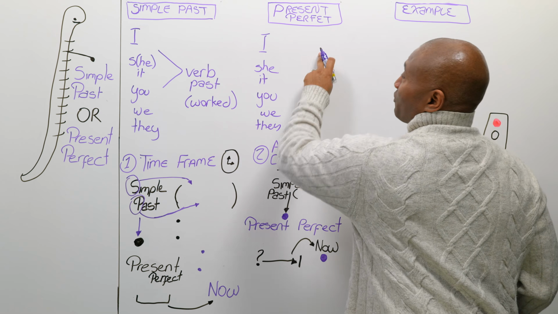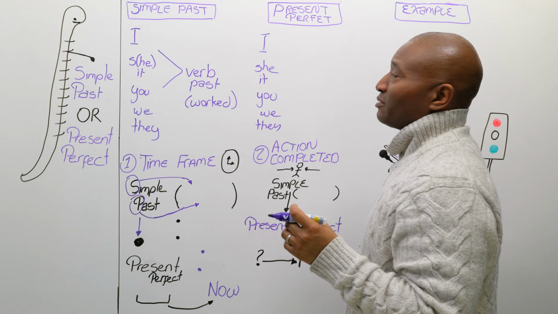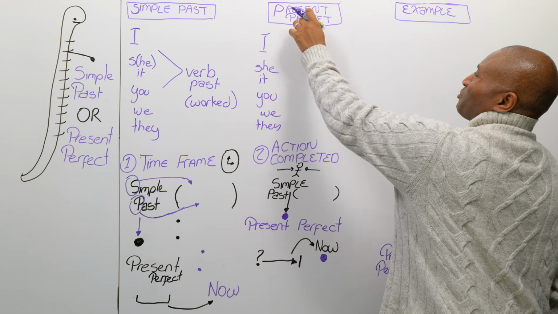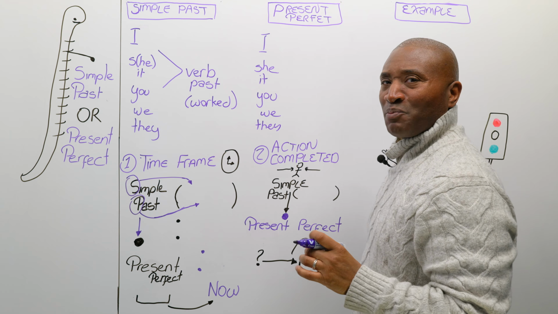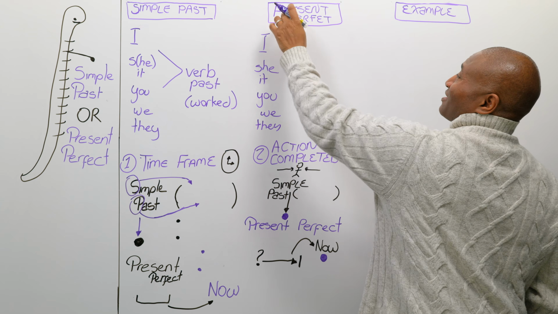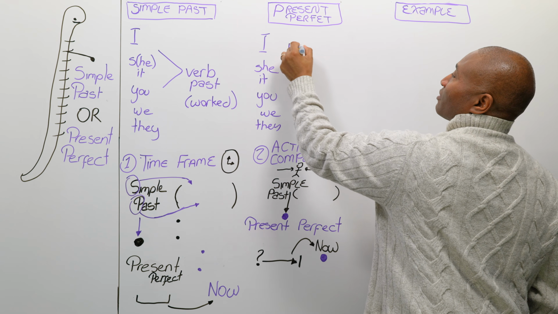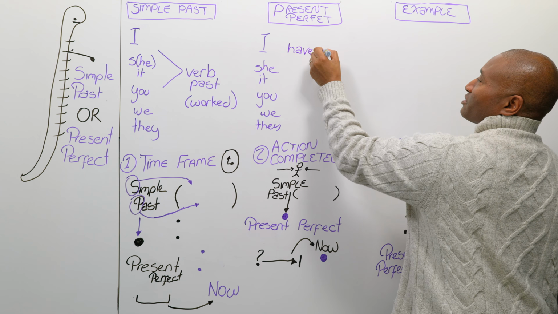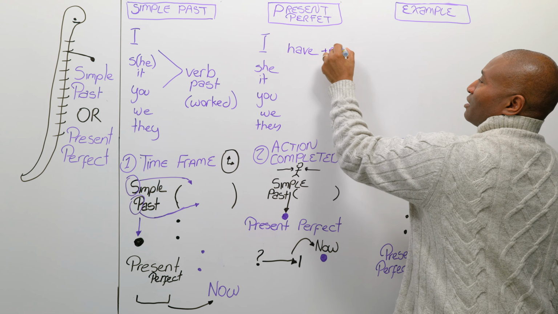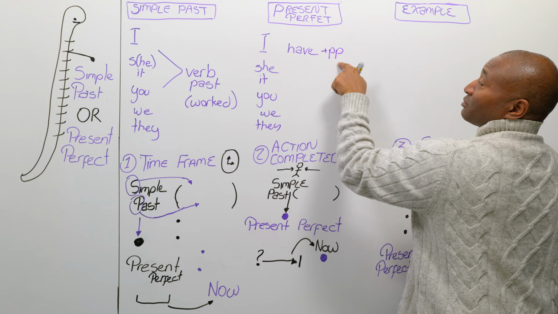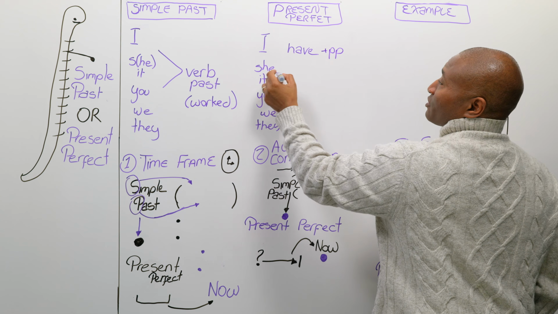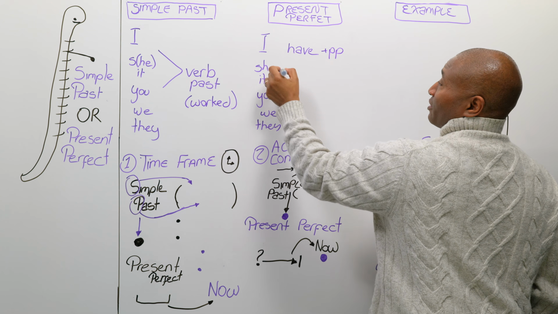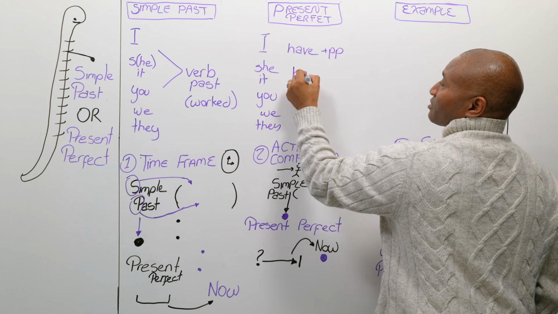When we do the present perfect, it's interesting because the perfect, you might say, stands for participle. Really we got I, have, and for simplicity, I'm going to put this, PP, and this is participle, okay? And then we have she, and this is the first difference we can see here, she, it, has.